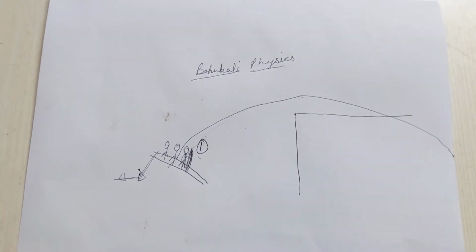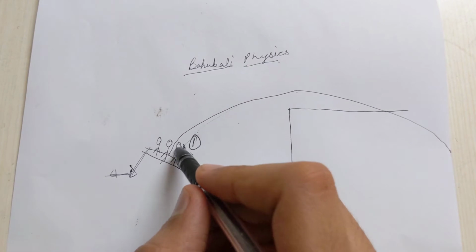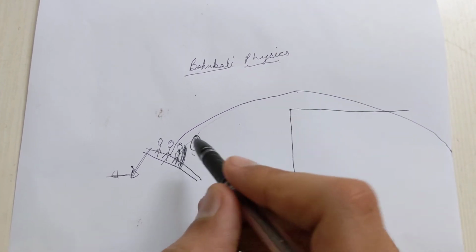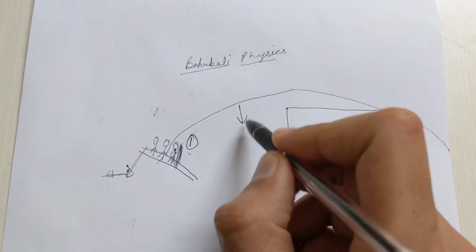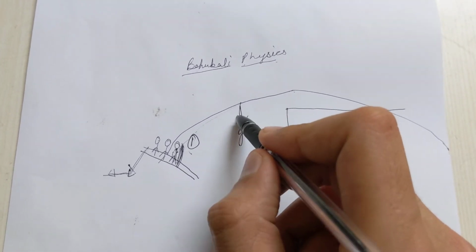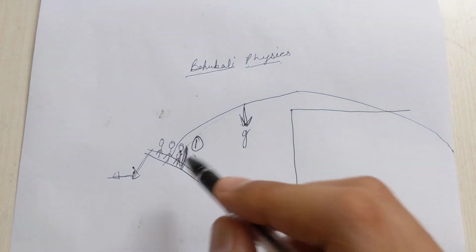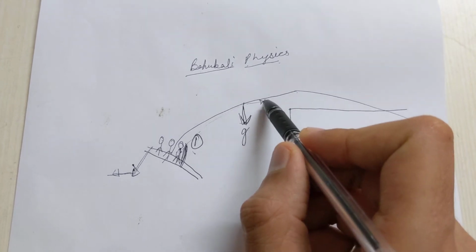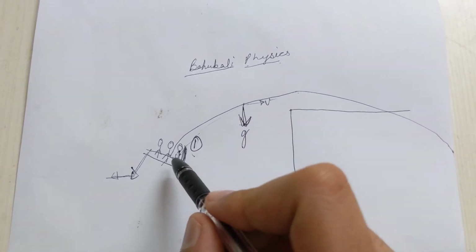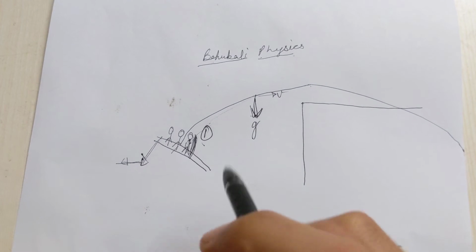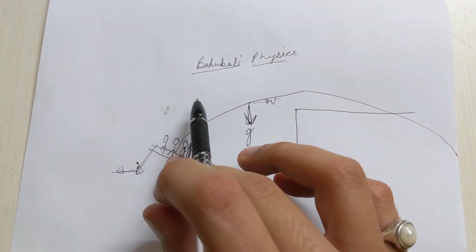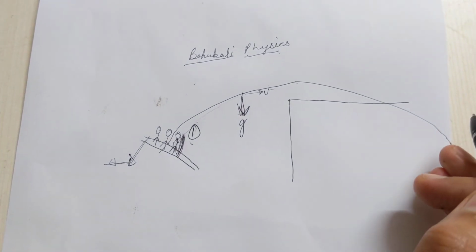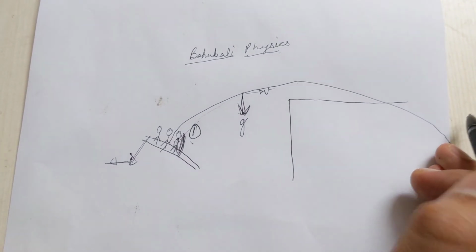So what happens in the projectile motion on the stone, or on the humans in this case, the warriors in this case? There is only one external force, which is gravity, which is acting in the vertical direction. And there is no force in the horizontal direction, so the horizontal component of velocity v will remain constant. So whatever horizontal velocity these warriors started with, their horizontal velocity will remain the same till the end of the projectile motion.